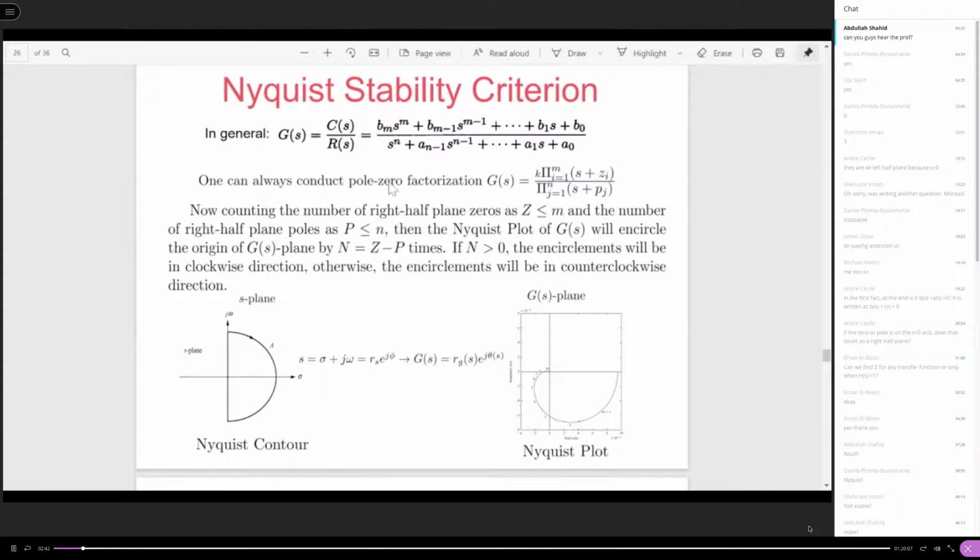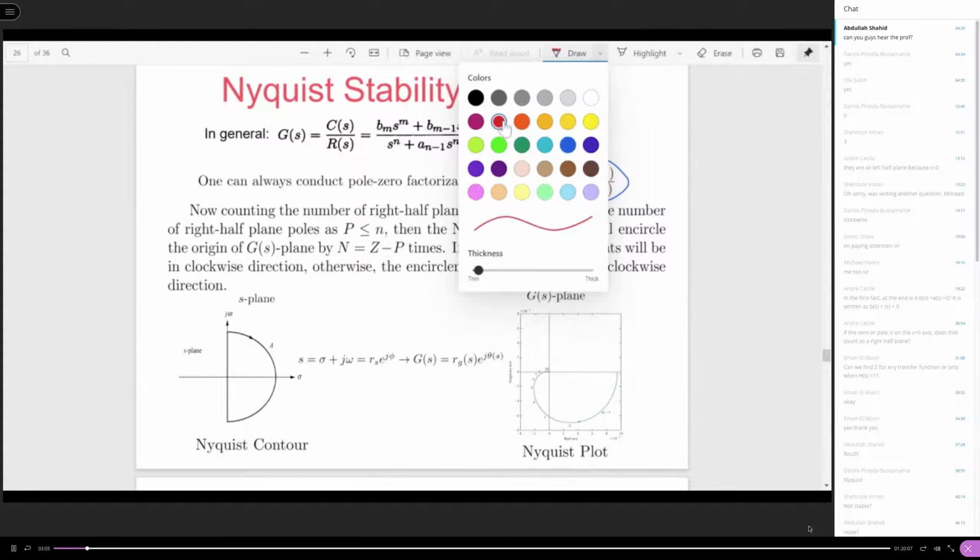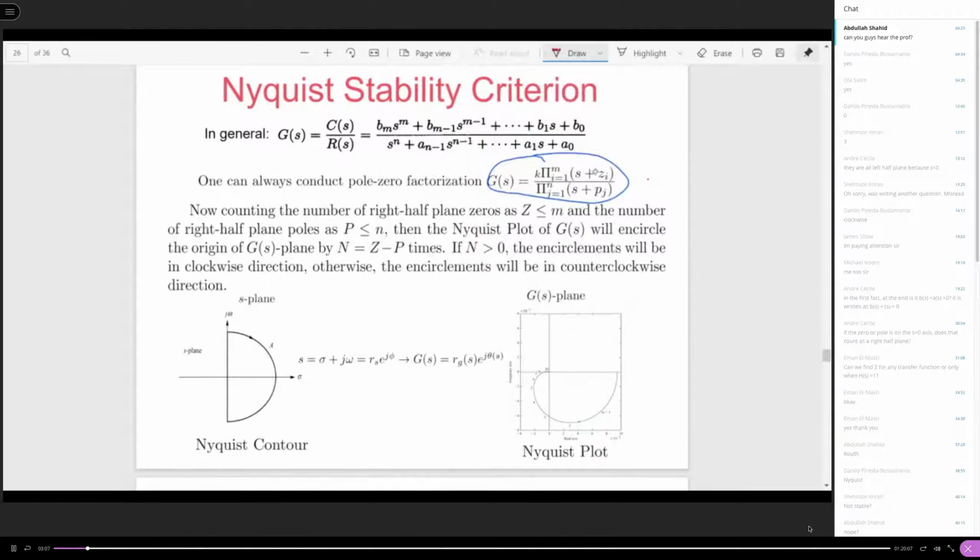It doesn't matter what kind of transfer function you have; it's always the ratio of two polynomials, the numerator polynomial and the denominator polynomial. If it is a polynomial, then I can always conduct the so-called pole-zero factorization.